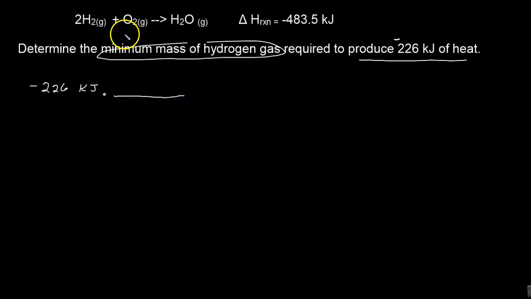So we've got our kilojoules. Again, I need hydrogen gas, so that's this one here. Now this time it is 2 moles of hydrogen gas for every negative 483.5 kilojoules, because we have a coefficient of 2.